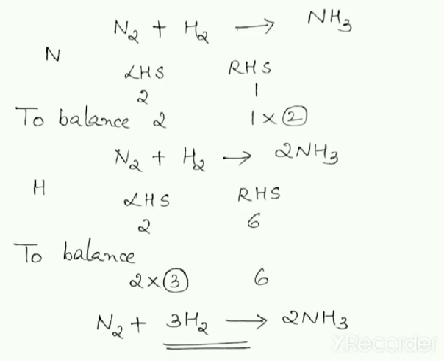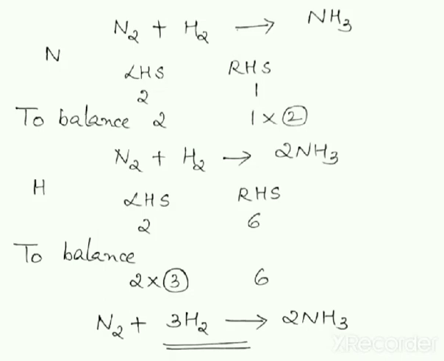So the next step is to make the number of atoms of hydrogen the same. So next take hydrogen. The number of atoms of hydrogen on the left hand side is 2. With ammonia 2NH3, 2 into 3, 6 atoms of hydrogen will be present. So the numbers are 2 and 6. To balance, that is to make the number of atoms the same on both sides of the equation, in the case of hydrogen, 2 should be multiplied by 3. 6 remains as 6 itself.